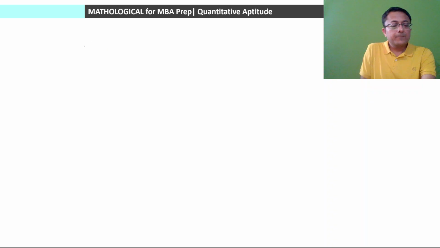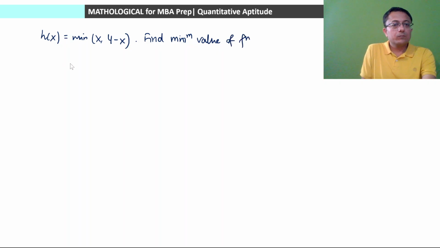If h of x is equal to minimum of x and 4 minus x, find the minimum value of the function f of x such that f of x is equal to h of x whole squared minus 6 times h of x plus 4.